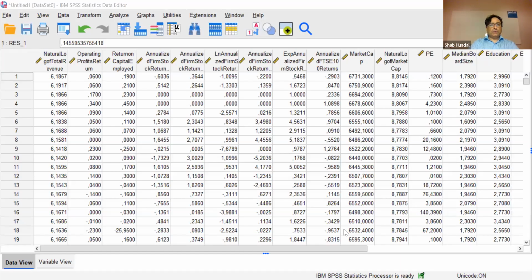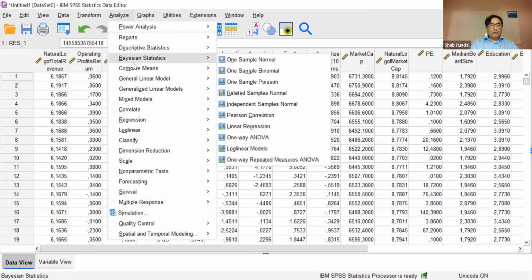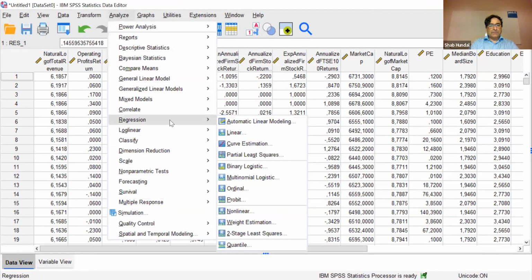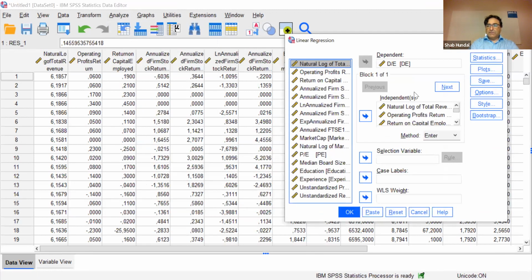All right. We need to go to the data, and we need to find the correlation. In fact, we can do it while doing the regression as well. If we do the linear regression once again, nothing changes. Statistics.